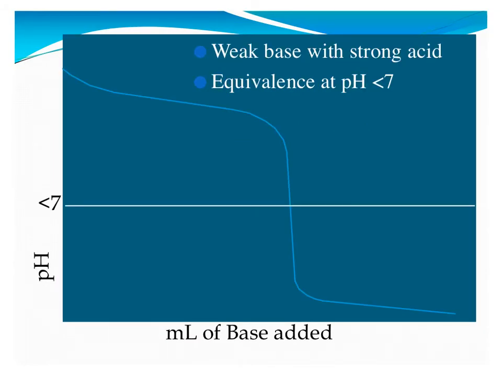If we had a weak base problem, then our equivalence point is going to be flipped upside down. So at the beginning, we have only our weak base. Let me do ammonia for an example. And then it gets titrated all along the way here, midpoint, and we're slowly generating the conjugate. So our conjugate acid is all that's left at the end. In this case, it would be NH4+, which is a weak acid problem.